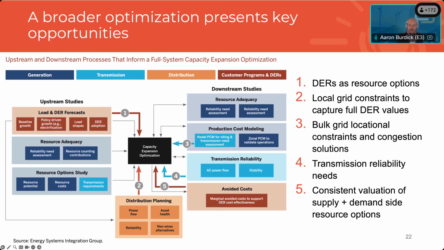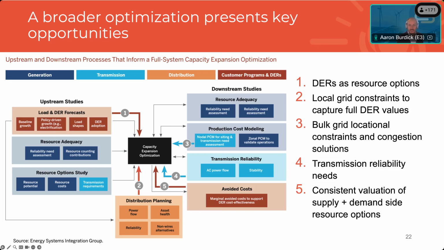So the first is we can consider DERs as resource options instead of just as a forecast. We can potentially consider the local grid constraints that will allow us to capture the full value that those DERs can provide. We could look as well at the bulk grid constraints and what are the solutions to address congestion or deliverability.